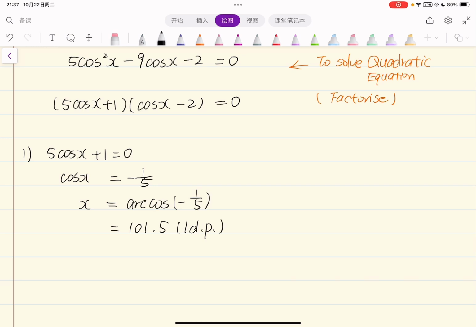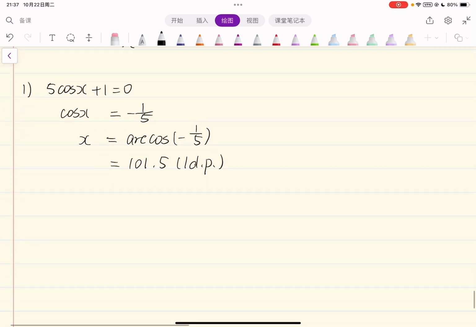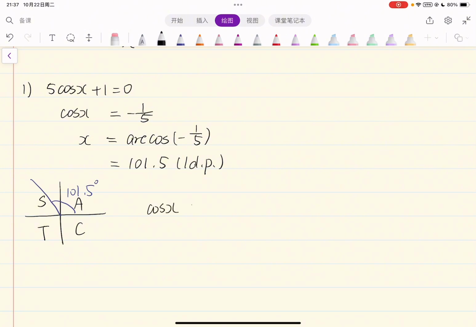And use a CAST diagram. We have 101.5 degrees over here. Since cosine x is less than 0, x is in the second and third quadrants.